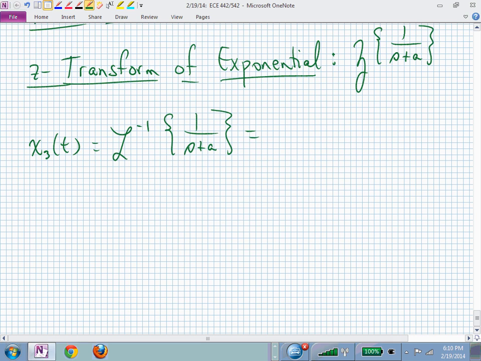E to the minus at. That's one of our standards, right? So we should feel very comfortable with that. 1 over s plus a inverse Laplace transforms to e to the minus at. That's a real pole at minus a in the complex s plane, if we wanted to think of it that way.